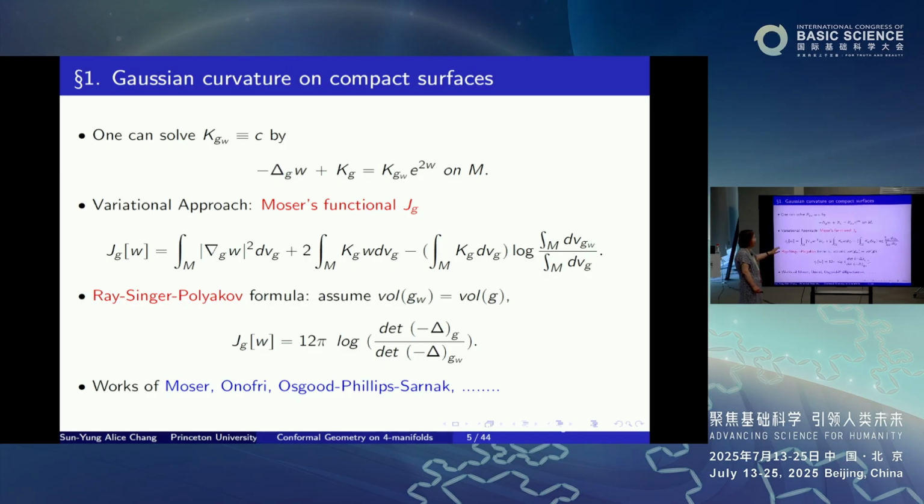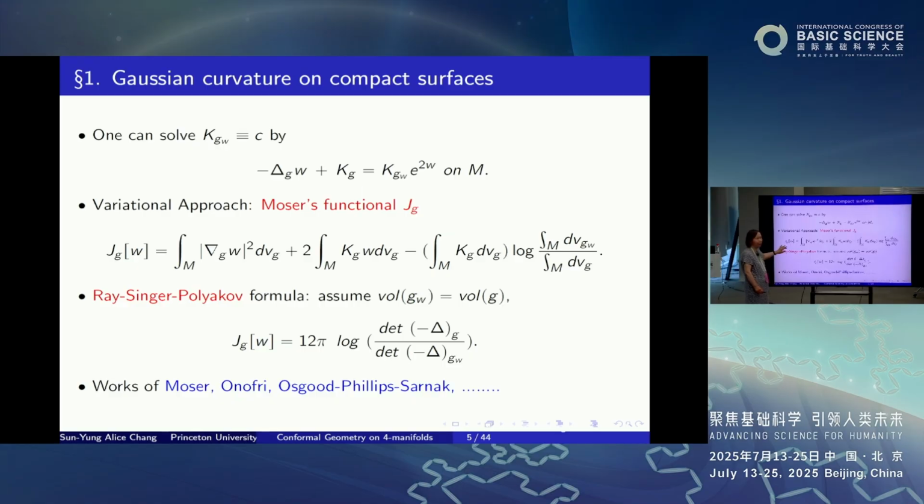A variational approach to study this problem is well studied, and that's by this Moser functional J. One studies the critical points of this, and then we get K of g_w equal to a constant, and the variational problem of prescribing K of g_w.